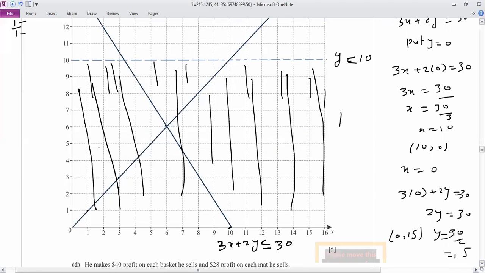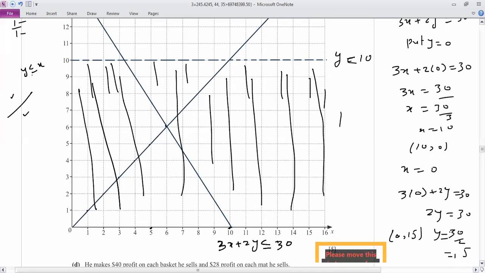Then I will check for this line, which is y less equal to x. So basically what I will do, I will try any point on this side or any point on this side. So I can't use (0, 0). The reason is the line is passing through (0, 0). I will choose any random point. So let me choose this point, (5, 0).